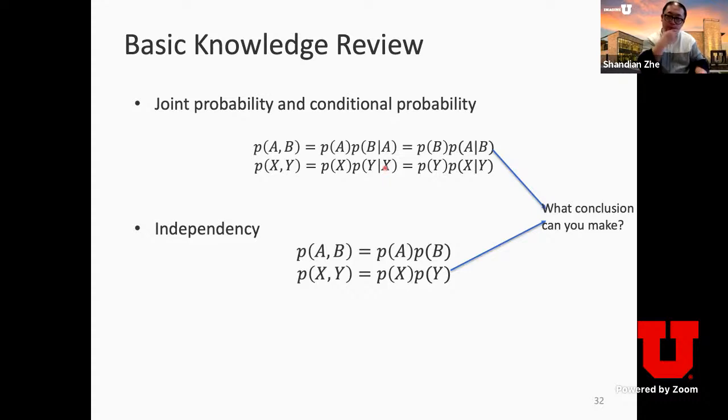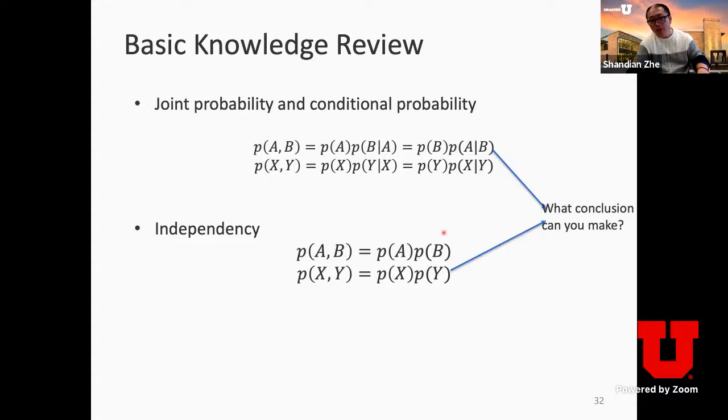These are the most commonly used definitions of independency. When we talk about independency, it is some kind of reflexive response to write down that the joint probability equals the product of individual probabilities. But sometimes it is more convenient to think in the other way.